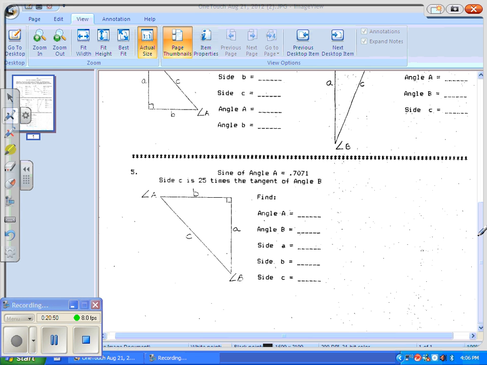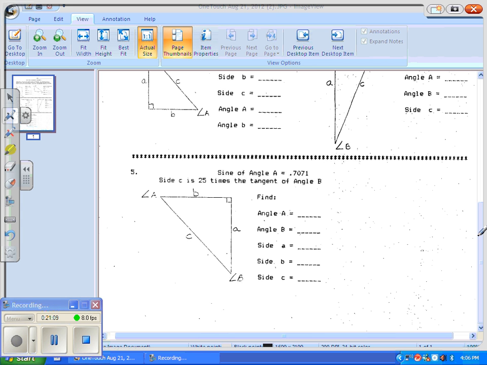It says that the sine of angle A is 0.7071. Now, there's only one angle that has that sine or cosine, because it doesn't matter whether you take the sine or the cosine of 45 degrees, you get the same value.